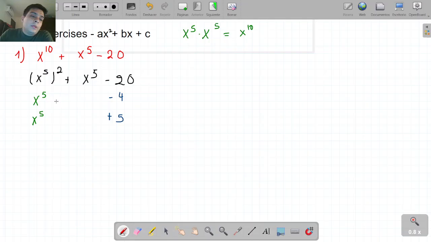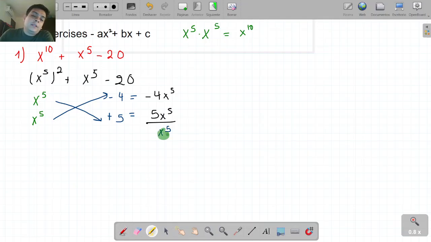Now remember, we have to cross, and let's find out what we have in the middle. We will have minus 4x to the power of 5 and 5x to the power of 5. Minus 4 plus 5 is going to give me x to the power of 5.